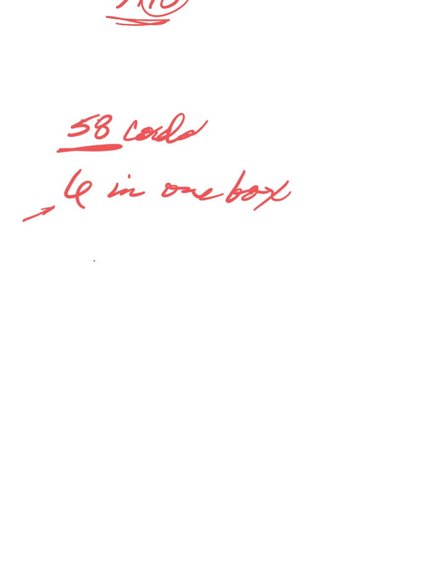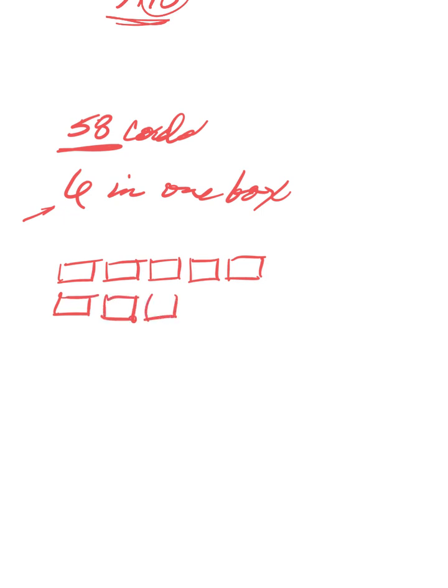So if I've got one box, 6, 12, 18, 24, 30, 36, 42, 48, 54, 60.